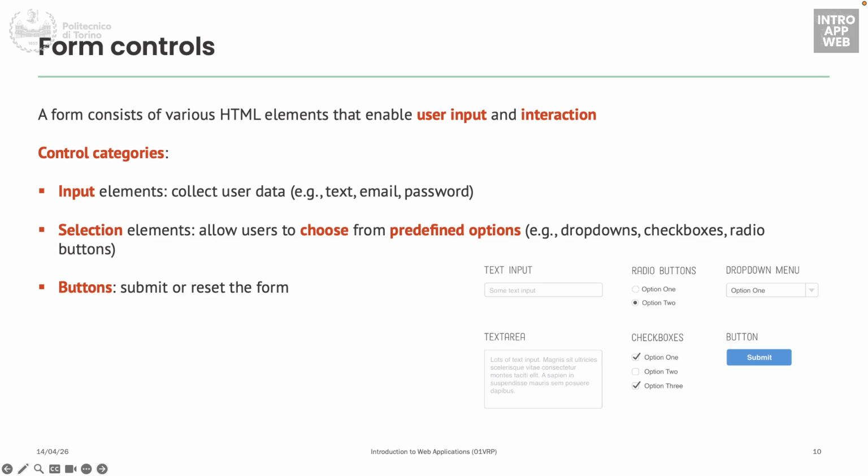So a form basically consists of several HTML elements that enable user input and interaction. And there are three main categories that structure all the components that we have available. First, we have the input elements that are the ones useful for collecting data, such as the text, the email, the password. Then we have the selection elements. Okay, in the input elements, which one come to your mind?